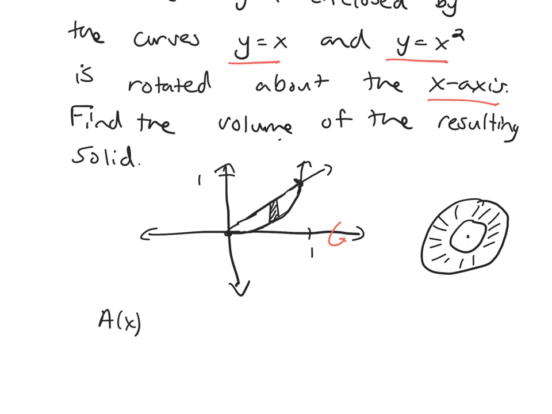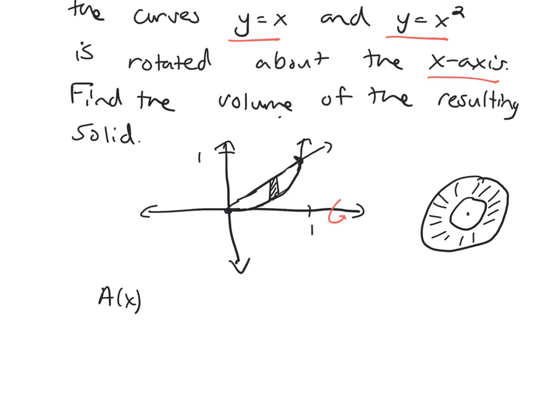So I'm just going to subtract off that inside area. You can think of this as pi big R squared minus pi little r squared. Little r is the radius of the inner circle, and big R is the radius of the outer circle.